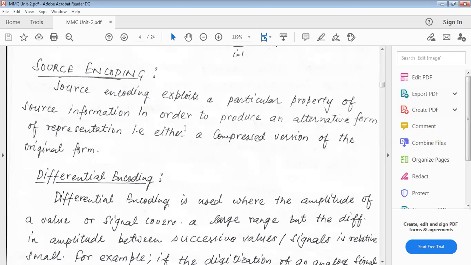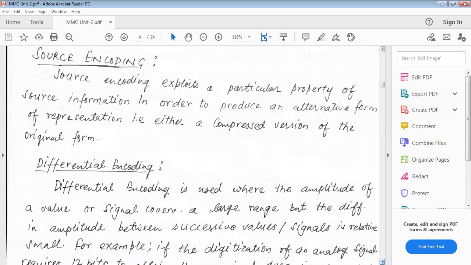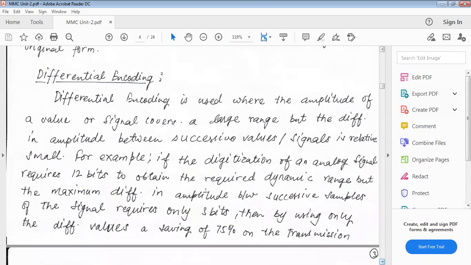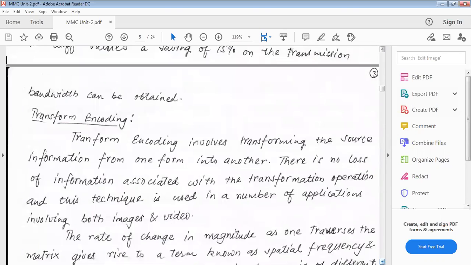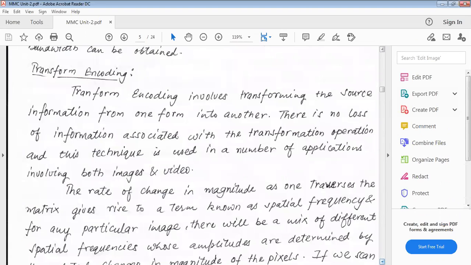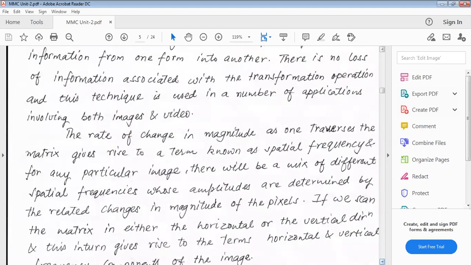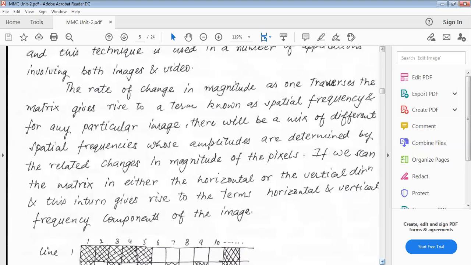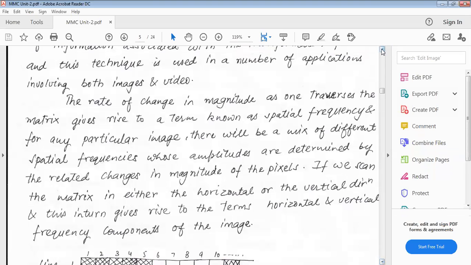In source encoding we have different types: differential encoding and transform encoding. These are the two different types of source encoding.